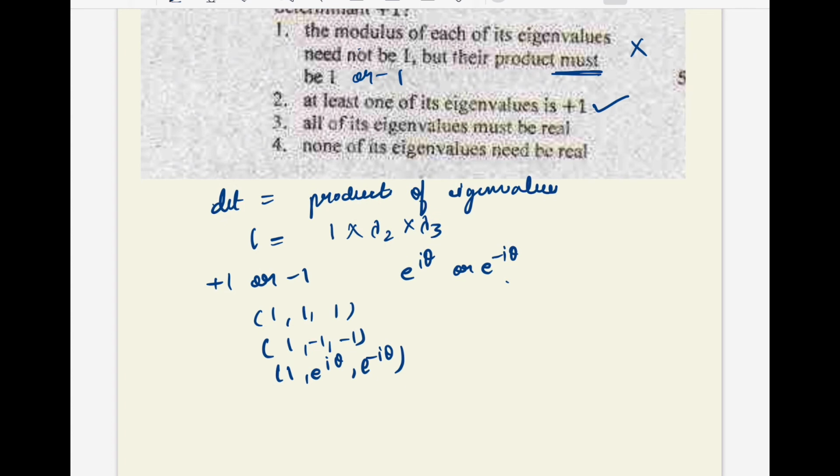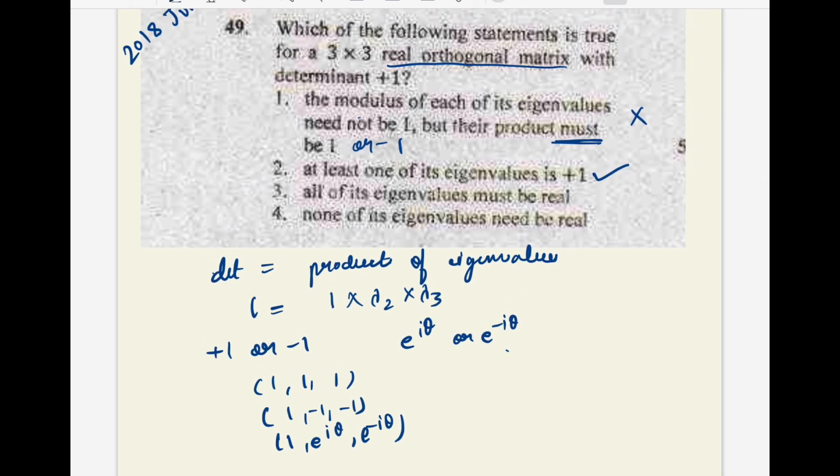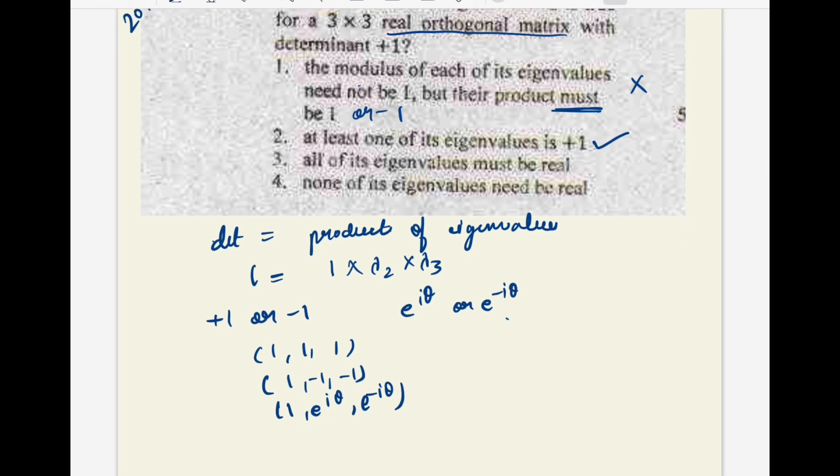Next, all of its eigenvalues must be real, and none of its eigenvalues need be real. Since it is given to be a real orthogonal matrix, we cannot predict what the eigenvalues can be. It depends on what we find; we don't know what they will turn out to be. The only thing we know is that the determinant of the real orthogonal matrix equals 1. This is the only condition given. Looking at the first, second, and third options: the first says all eigenvalues must be real, but in this case they are not all real.